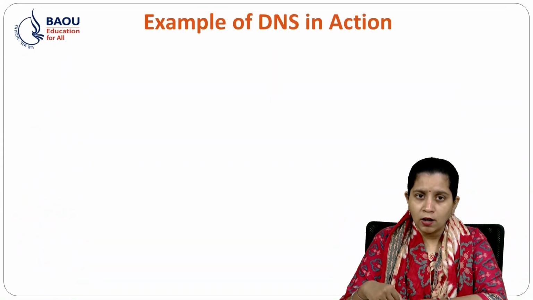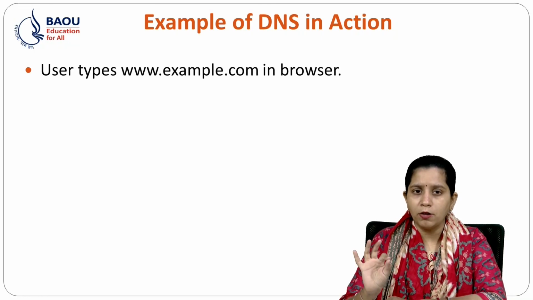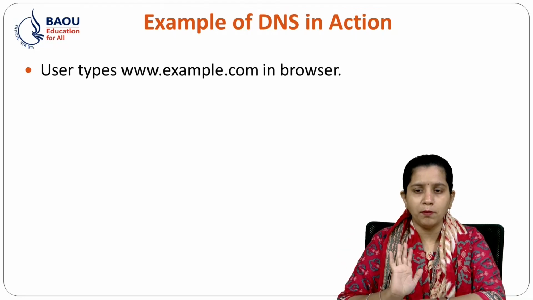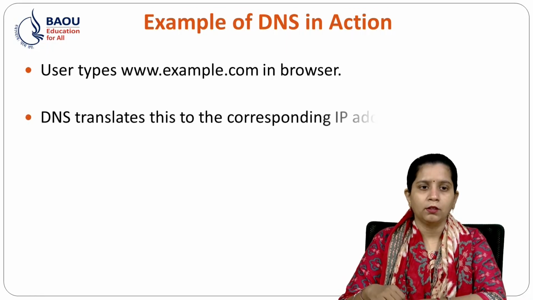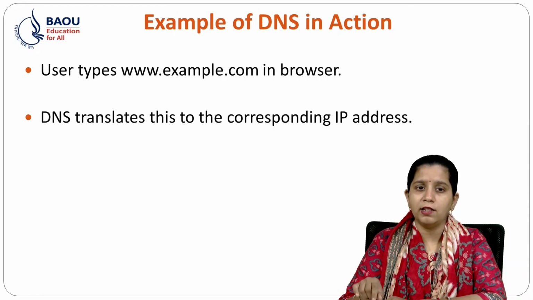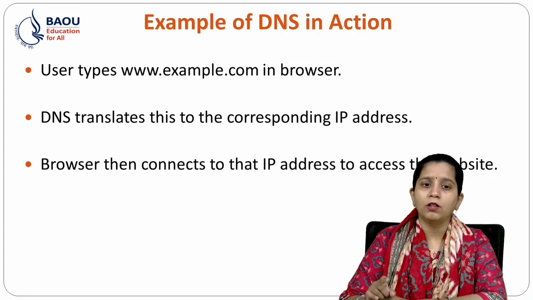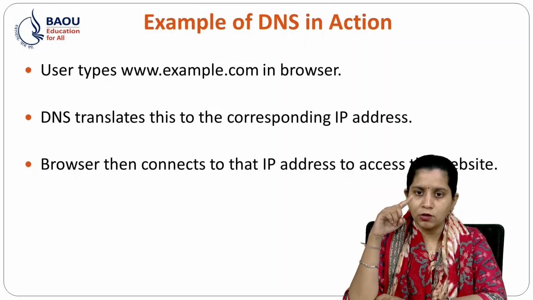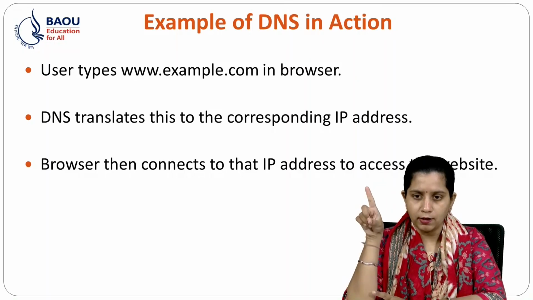An example of DNS in action: the user types www.example.com in the browser, DNS translates this into the IP address, and the browser then connects to that IP address to access the website.